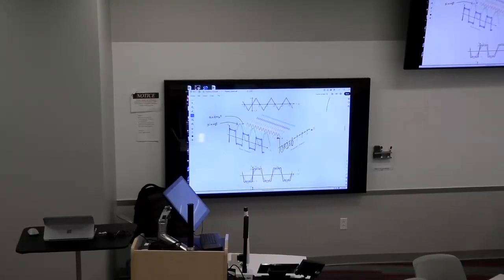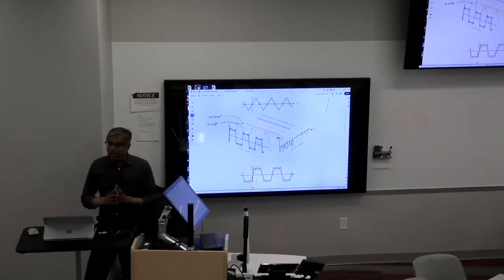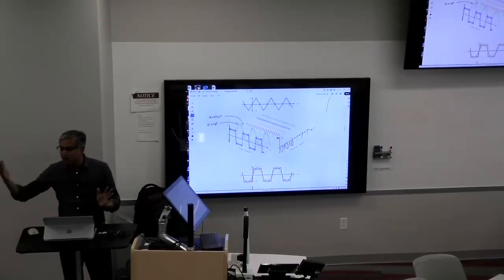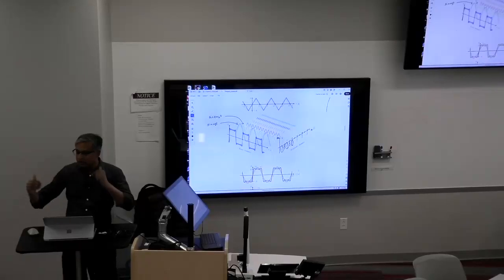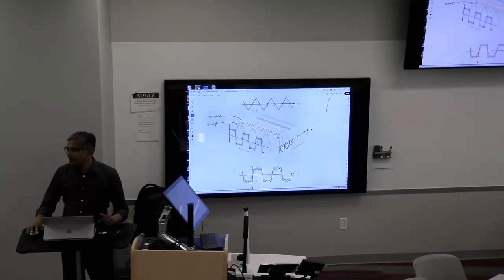Now, if I add the red on top of that and I do it just right, you start to see that I get something that's starting to look more and more like a square wave. So that's basically what that picture is showing. As I add more and more harmonics, I'm going to be able to construct a signal that looks more and more like a square wave.